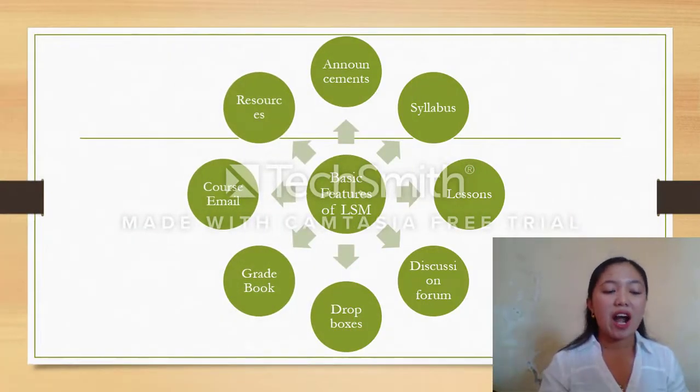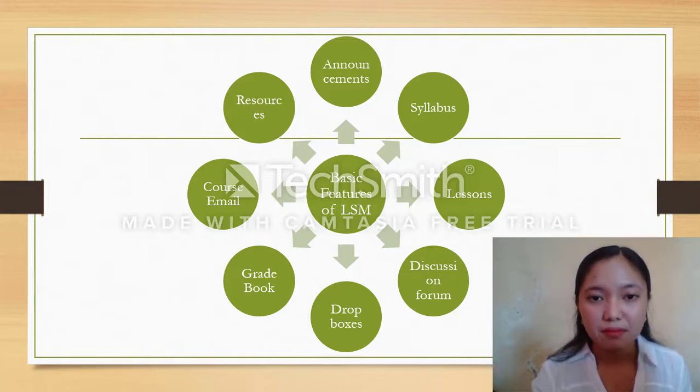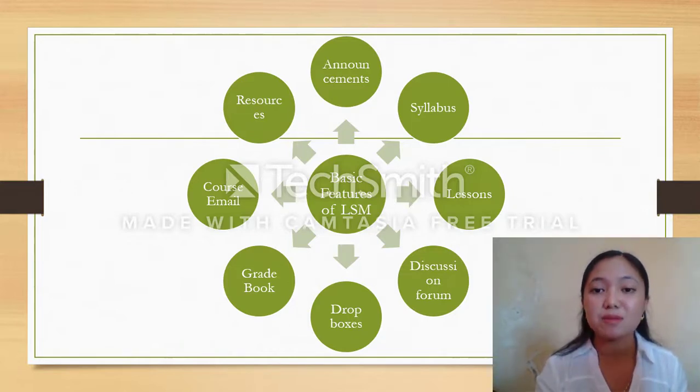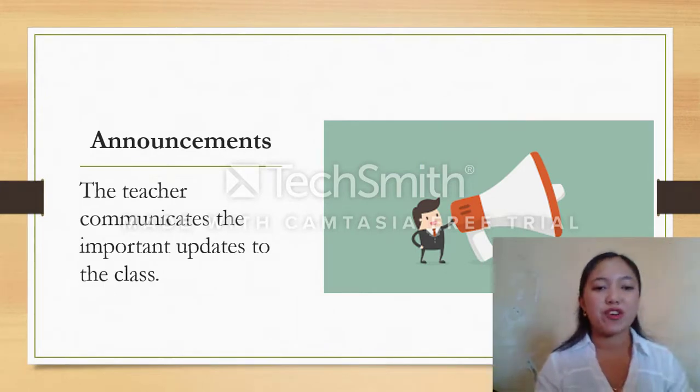And there are 9 basic features of a learning management system. The first one is announcement, syllabus, lesson, discussion forum, dropboxes, gradebook, course email, and resources. And then I will explain one by one for you.